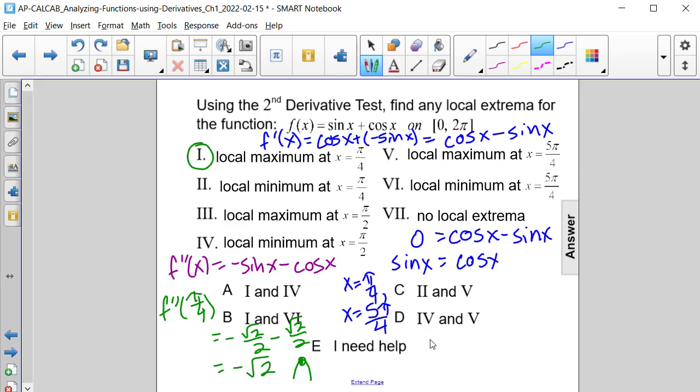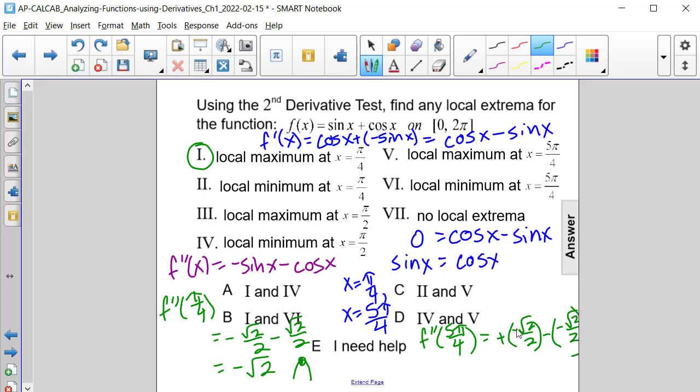Now let's evaluate f double prime of 5 pi over 4. That's going to be the negative sine of 5 pi over 4, which is negative root 2 over 2, and then minus the cosine of 5 pi over 4, which is again negative root 2 over 2.